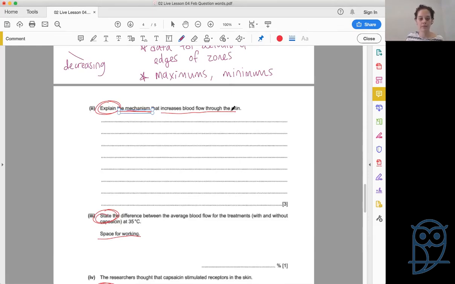Your sensory neuron detects the temperature, your hypothalamus is monitoring your core temperature, and it sends signals through the motor neurons to the effectors. Then we have all these different muscular contractions in the arterioles and the shunt vessels, and relaxations and blood flow changes. Okay, so that's what we're looking for here. But we want, and I say it again, the biological specific facts. We need to be detailed for an explain question.